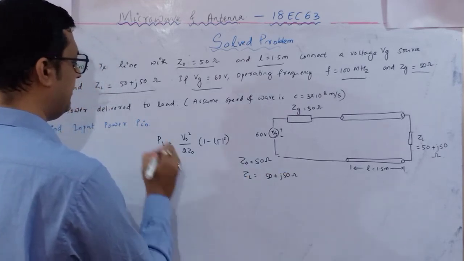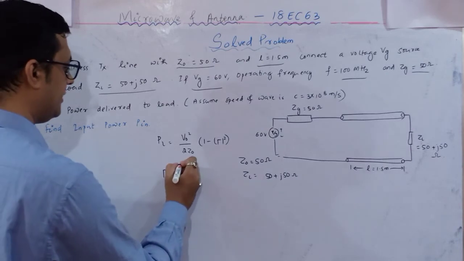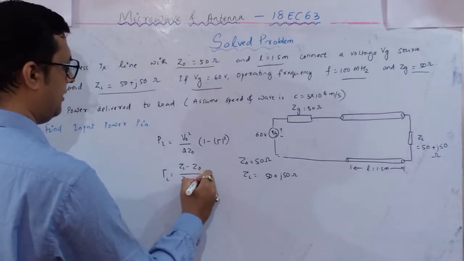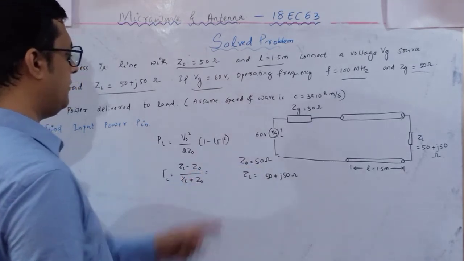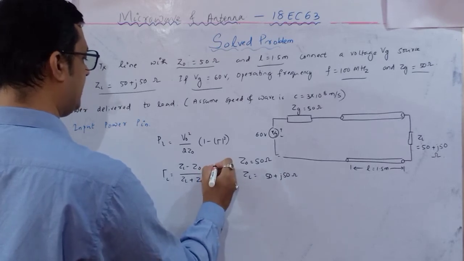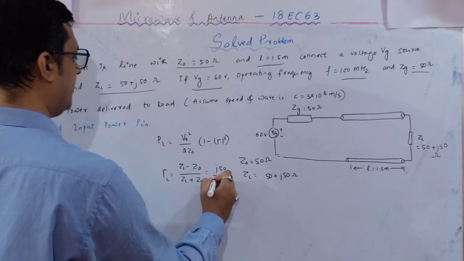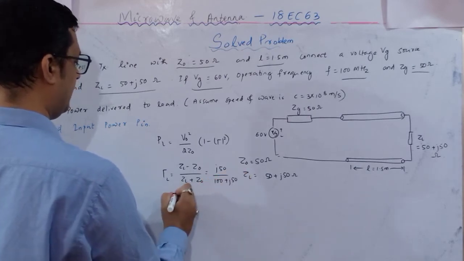That means the reflection coefficient can be easily calculated as (ZL minus Z naught) divided by (ZL plus Z naught). If you solve it, the numerator is j50, the denominator will be 100 plus j50.